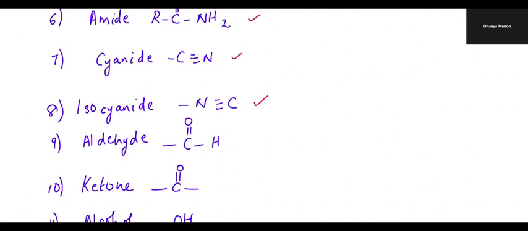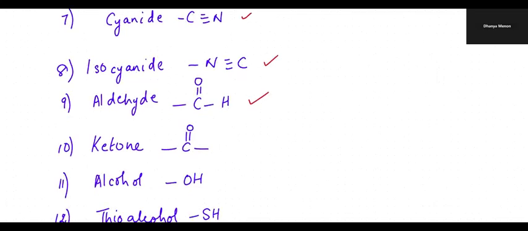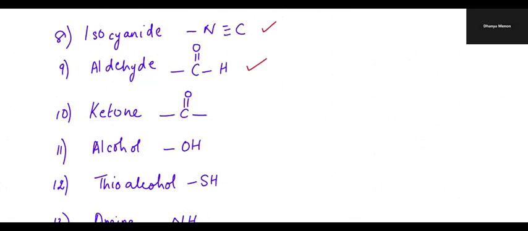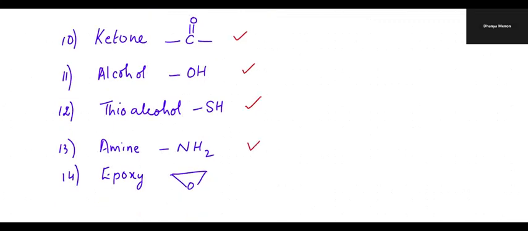The next in priority is aldehyde, RCHO, CHO. Okay, the next in priority is ketone. The next one is alcohol. The next one is thiol. The next in priority is NH2. And the next one is epoxy.